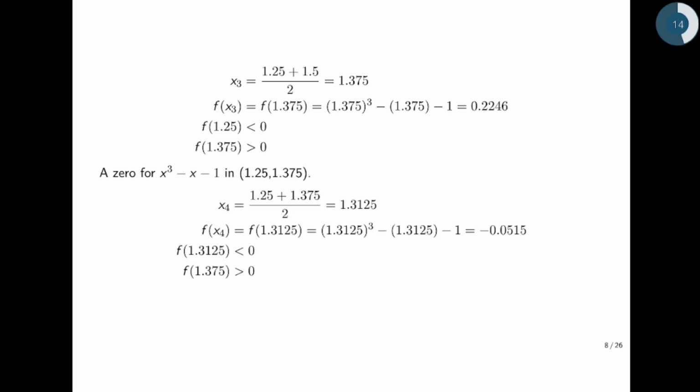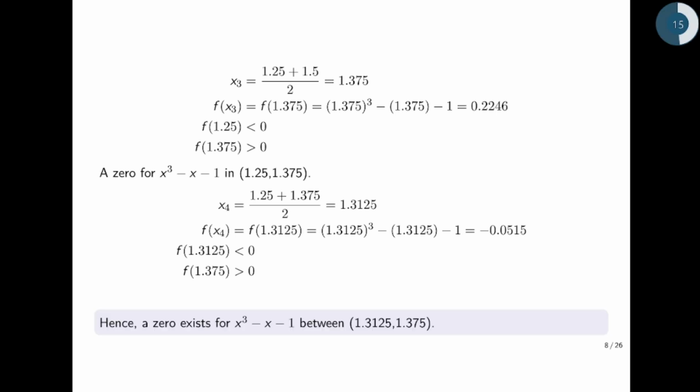So we will take x4 as the midpoint of the interval 1.25 and 1.375, which is 1.3125, and f of x4, which is f of 1.3125, is negative and f of 1.375 is positive. So we get our 0 lies between the interval 1.3125 and 1.375.